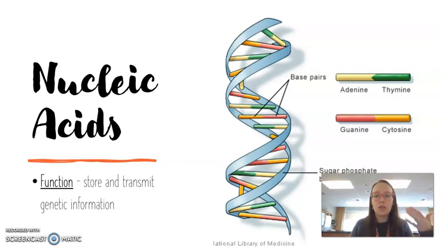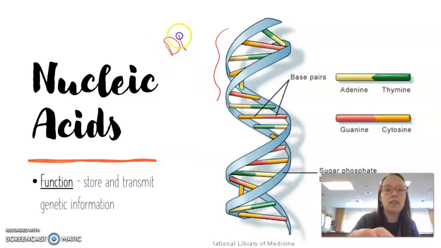So things like your height, whether or not you have a hitchhiker's thumb, whether or not you have a widow's peak, other organisms, for plants, for example, the color of the flower, the shape of a leaf. Those things are parts of their genes. They're part of their genetic information, and that's stored in the pattern of nucleic acids.